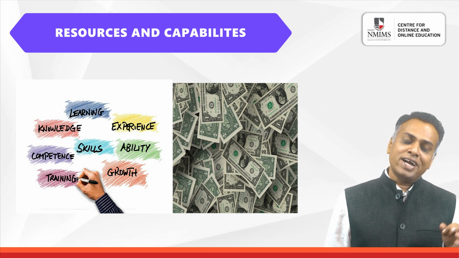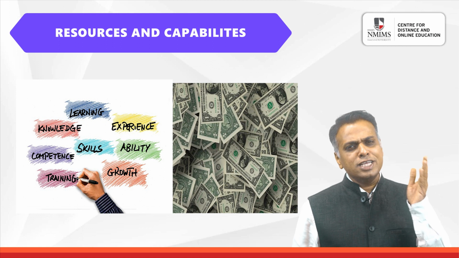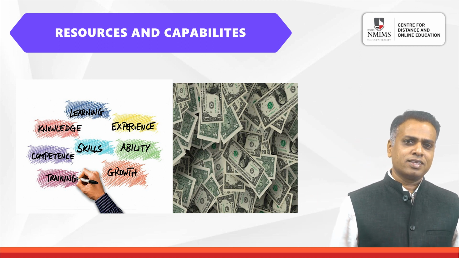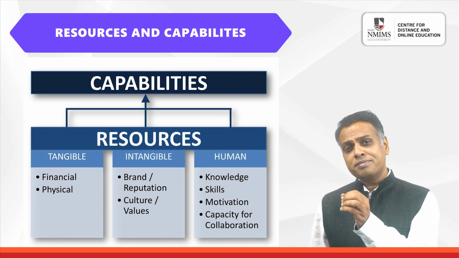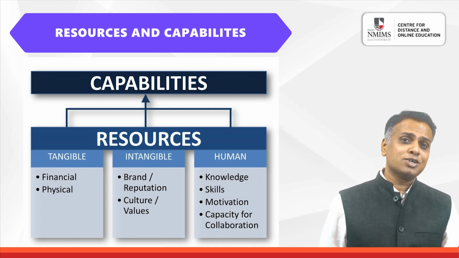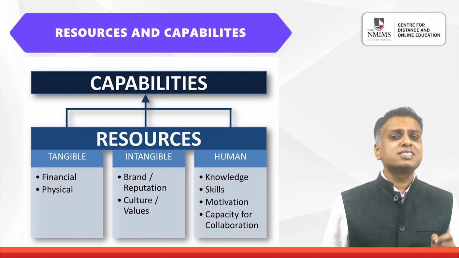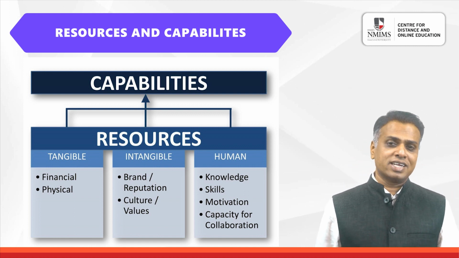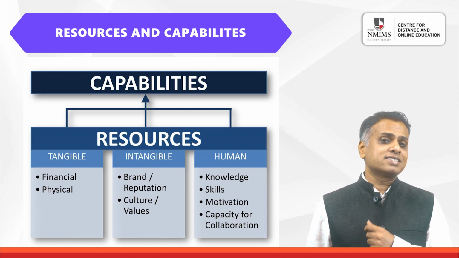That is the reason why it is important for the organization also to build a very strong organization. Resources will become an important element in creation of a strong organization. Why? Because resources are the fundamental assets of an organization, serving as building blocks for its success.